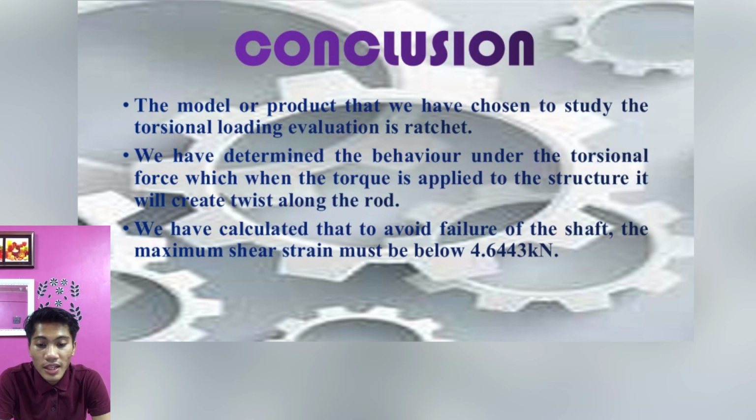Second, we have determined the behavior under torsional force: when torque is applied to the structure, it will create twists along the rod. Lastly, we have calculated that to avoid failure of the shaft, the maximum shear strain must be below 4.6443 kN. That's all for our group.